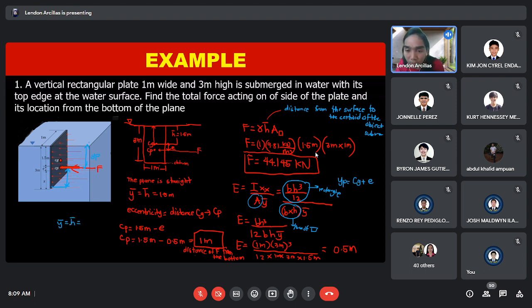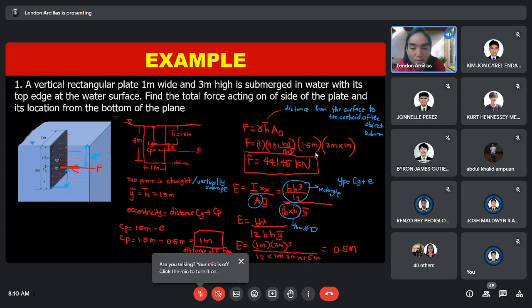So that is 1.5, when the plane is straight or vertically submerged. Ang Y bar kasi, that is just the distance, same lang din, the distance of the center of gravity to the surface. Okay? That is Y bar is equal to H bar.